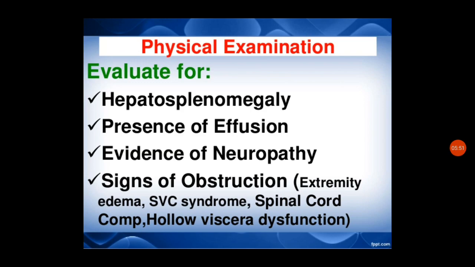Then signs of obstruction can be seen in the extremity, such as edema, and superior vena cava syndrome because of partial or complete obstruction of the superior vena cava. Spinal cord compression and hollow viscera dysfunction can also be seen. These are some of the signs of obstruction which can be evaluated under the physical examination.